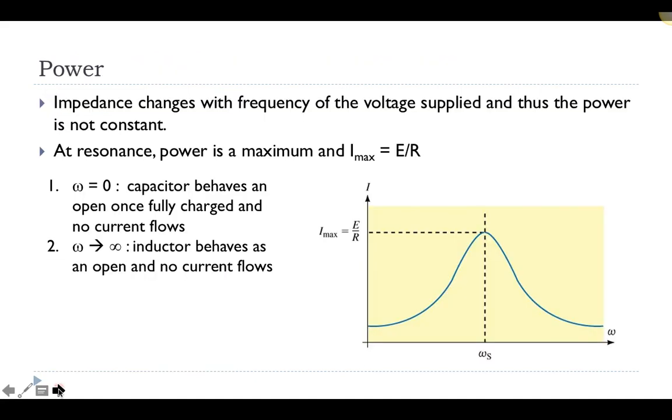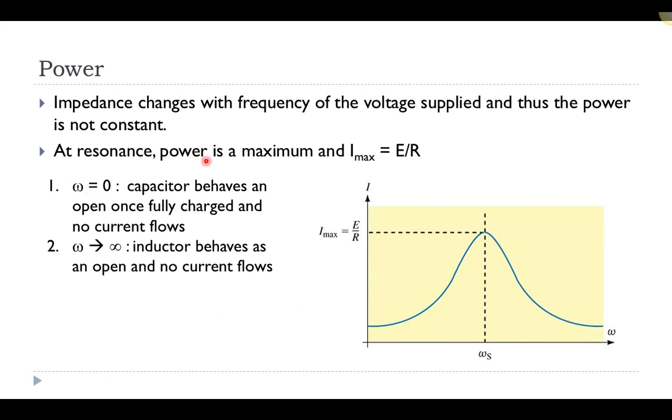And so what's going to happen is that I'm going to get a power that's not constant. So at resonance frequency, the power is a maximum, and we know the power is a maximum and the current is a maximum because we have only resistance in the circuit and the impedance is a minimum. But then it drops off as the frequency decreases and as the frequency increases, because the impedance has changed.